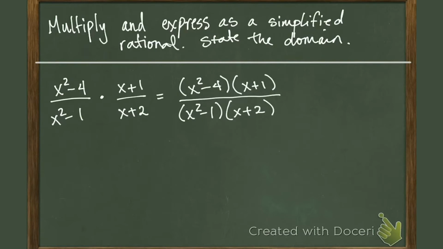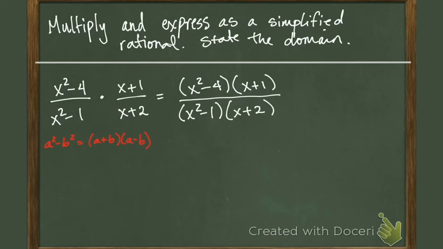I hope that you recognize x squared minus 4 and x squared minus 1 as a special type of factoring problem. Those are a difference of two squares. Remember, difference of two squares, a squared minus b squared, is equal to a plus b times a minus b.